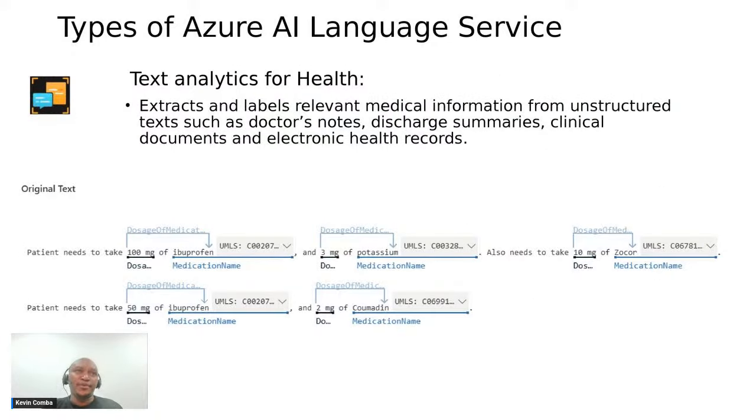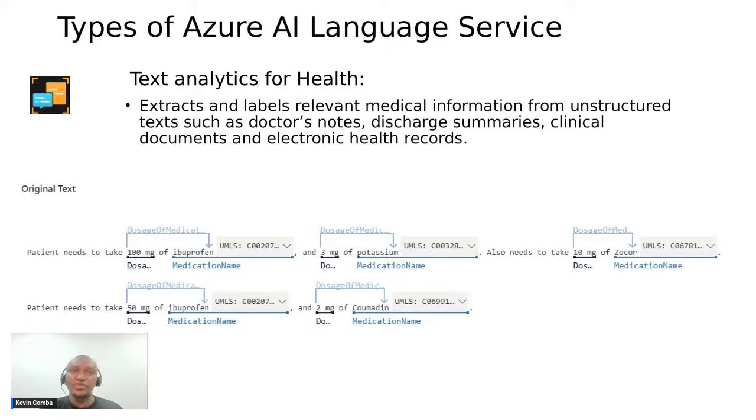We also have Text Analytics for Health. This extracts and labels relevant medical information from unstructured text. This can be like a doctor's note given to a patient. The AI is able to extract something like 100 milligrams of, I can't read the word, but it's a medication name, and it will detect that this is the dosage and this is the medication name.